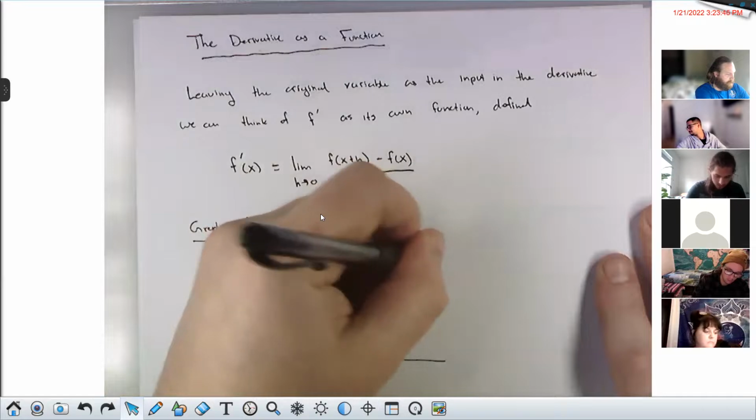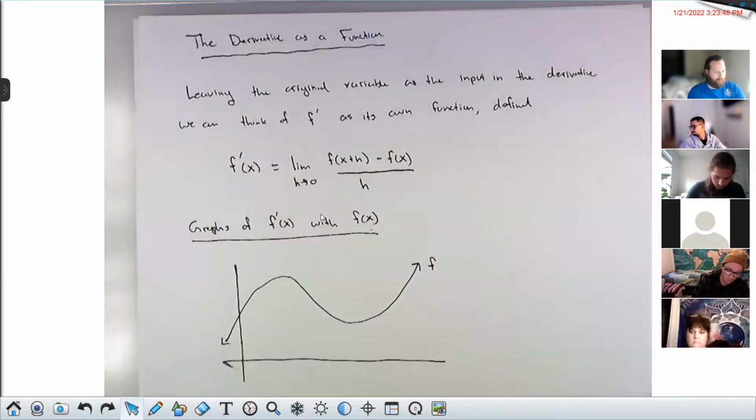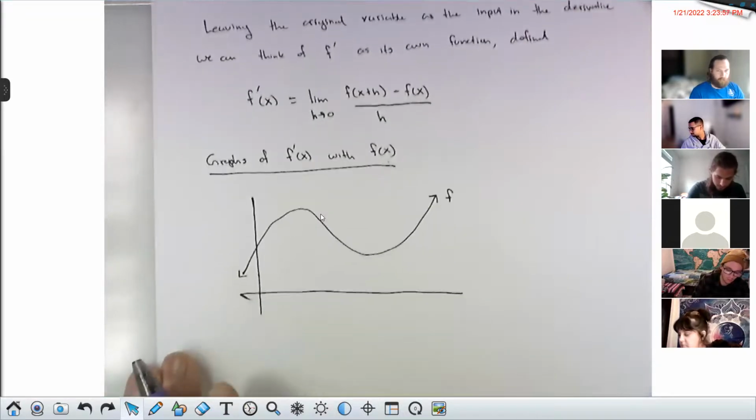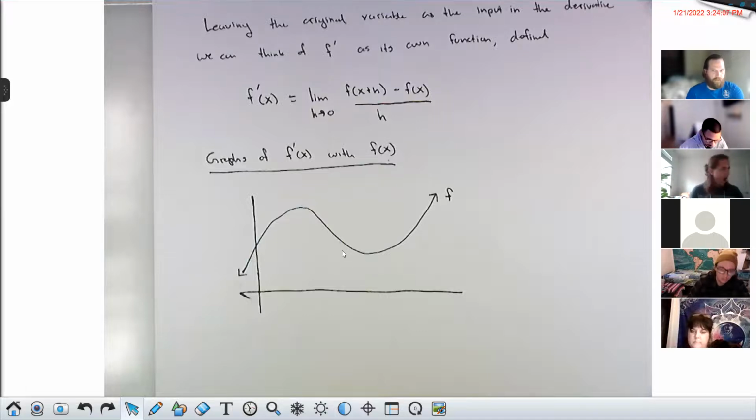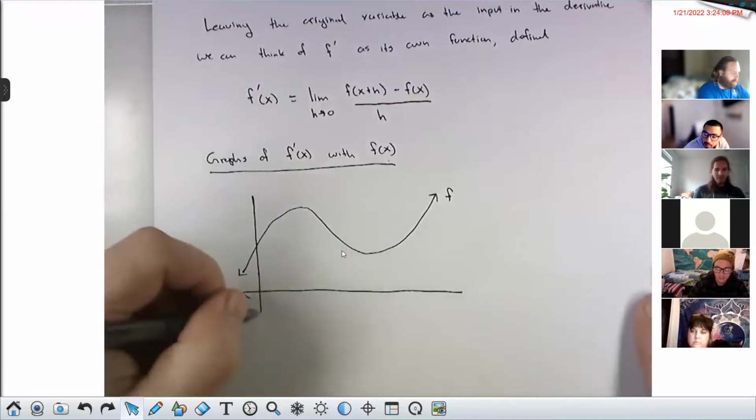So in black here, I'm going to graph the function f. And the way I'm going to try to sketch a graph of its derivative, f prime, is by taking a few points and approximating the slope of the tangent line to f at those points.